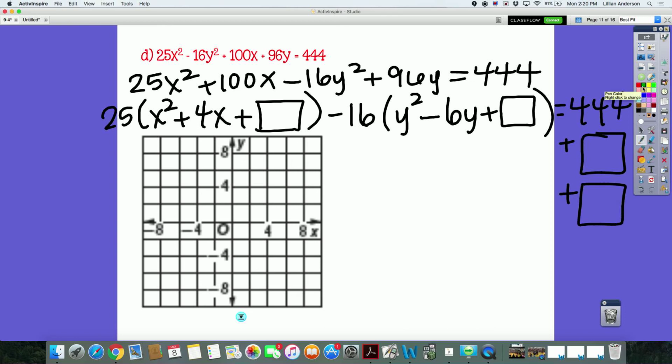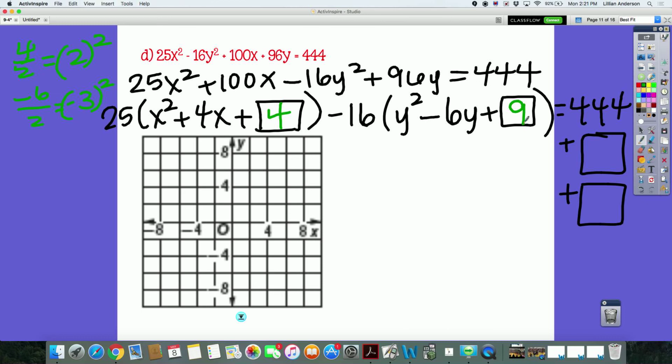So completing the square. Remember, we take half of b, which is going to be 2, and then we square it. 2 squared is going to be 4. We do it again. Half of b and then we square it, we get 9. Now we're not going to add 4 and 9 to the other side.